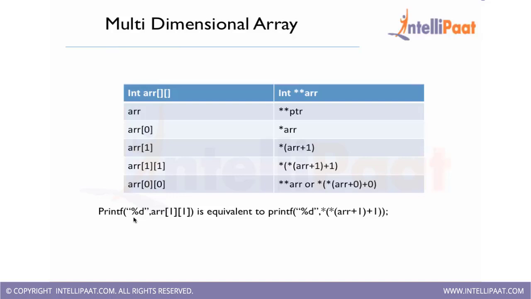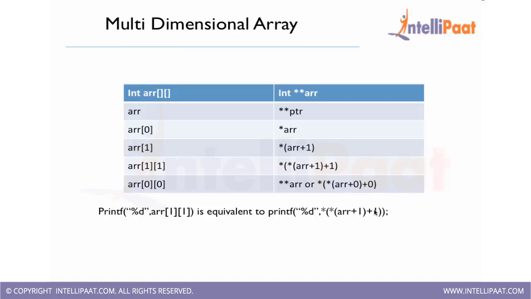Similarly, printf("%d", arr[1][1]) is equivalent to printf("%d", *(*(arr+1)+1)). How do we resolve it? The value at address arr plus 1 gives another address, and again we take the value at the address resolved previously plus 1.